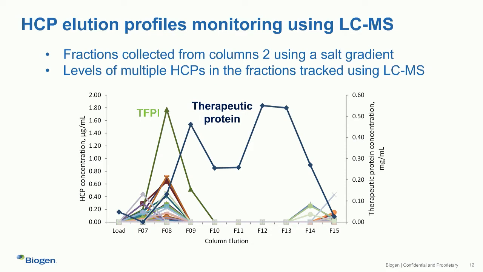However, the host cell proteins, including TFPI, were either enriched in the acidic fractions or the basic fractions. This separation pattern makes us think that if we do a hard cut with a slight sacrifice on the yield of the therapeutic protein, we can separate out most of the host cell proteins, and with that we can significantly reduce the final host cell protein level in our drug substance sample.